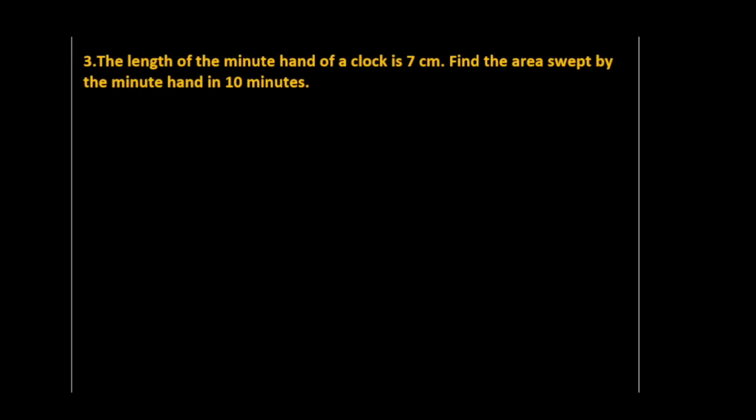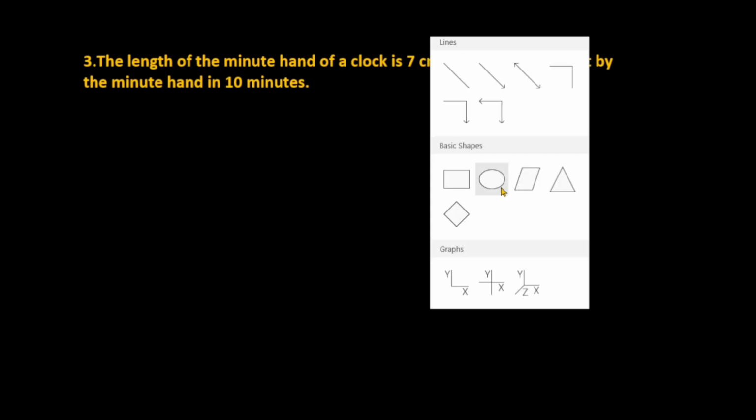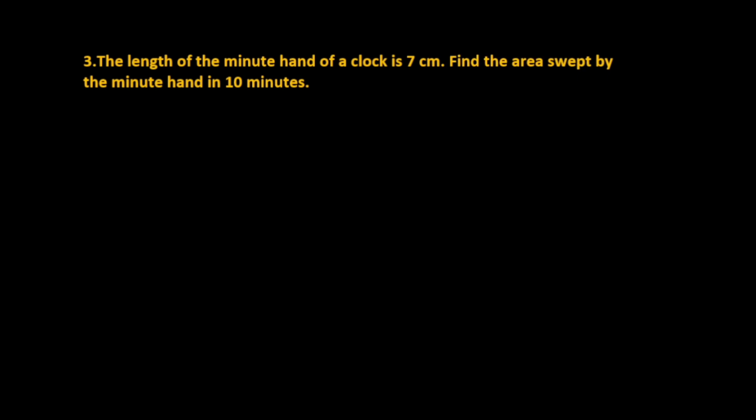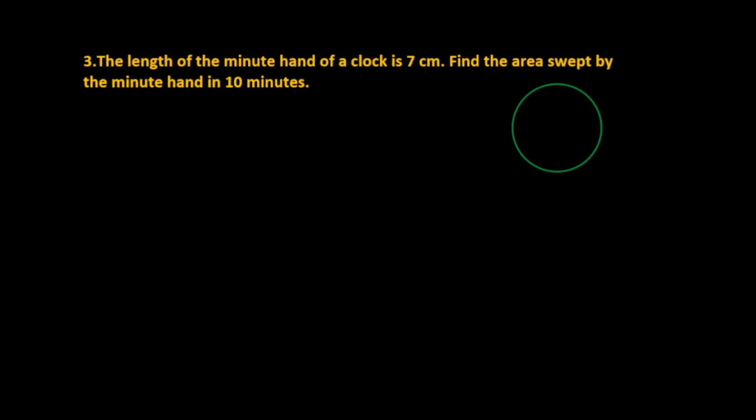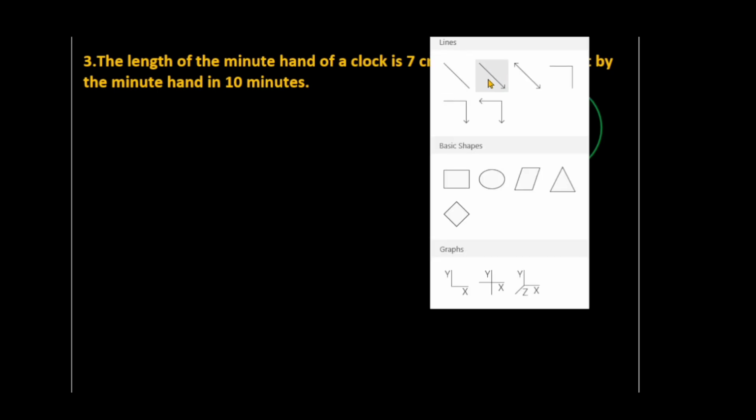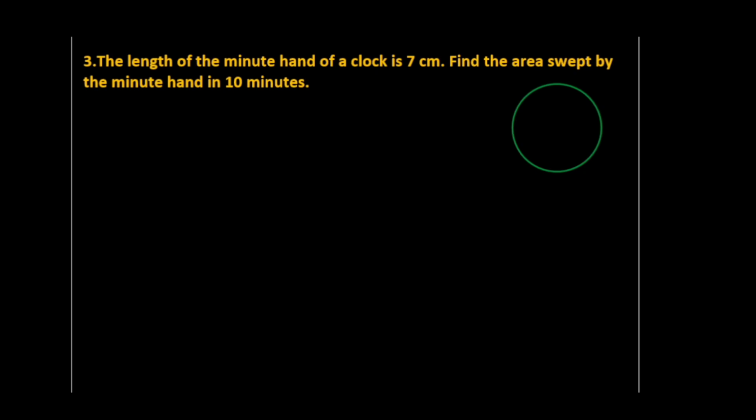Third question, the length of the minute hand of a clock is 7 centimeter. Find the area swept by the minute hand in 10 minutes. So we're going to take a clock, circular shaped clock. So consider this is a circular shaped clock. Here we will take the minute hand. Suppose this is our minute hand.